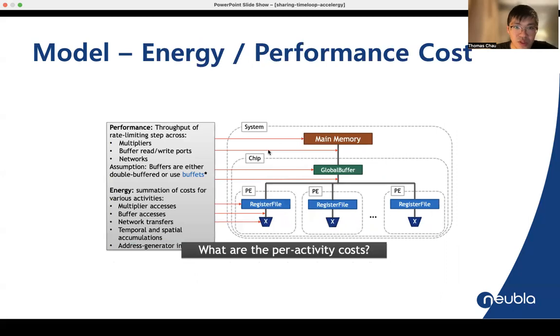The model also needs to provide the energy and performance cost. So the model tells the performance from the throughput of the rate limiting step across multiple multipliers, buffer read and write ports, and networks. It also tells the energy cost via summation of cost for various activities, including access to multiplier, buffer, and networks.